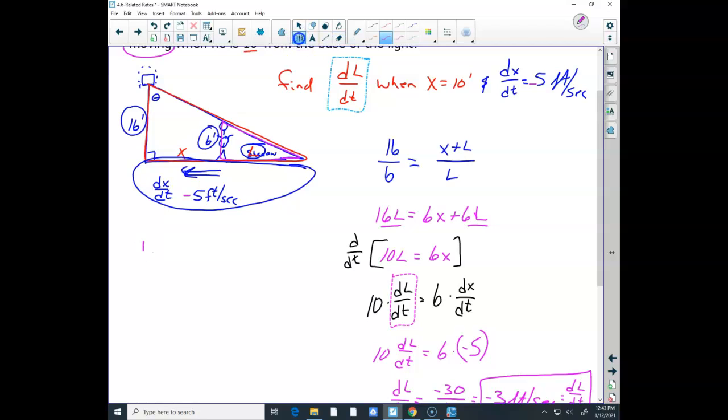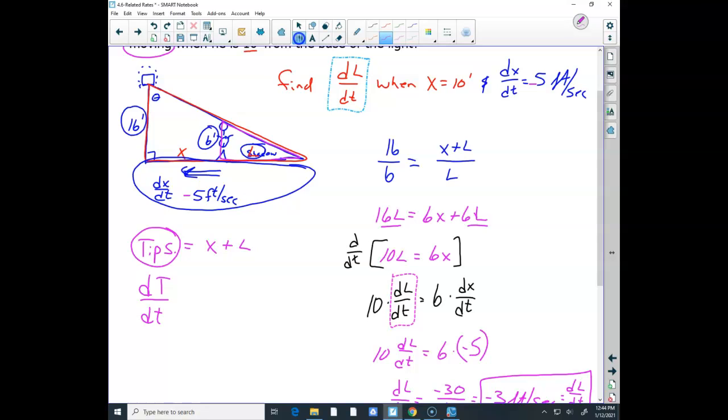So the tip of the shadow distance equals x plus L, right? So the change in the tip of the shadow, the speed of the shadow, I'm going to call it dT/dt, little t.